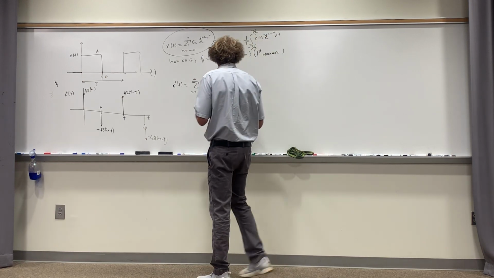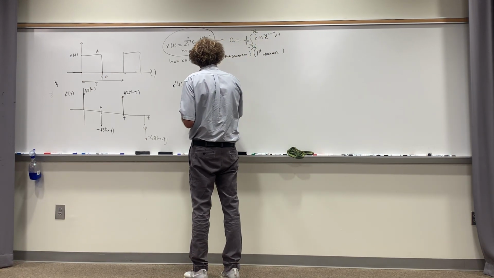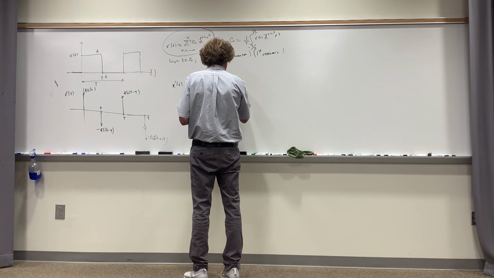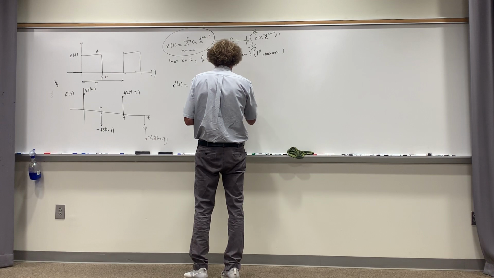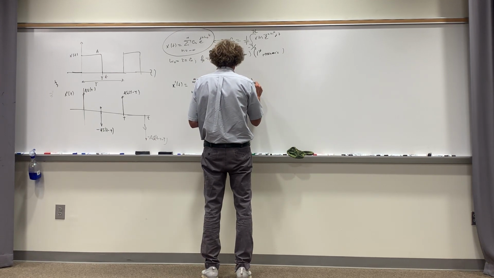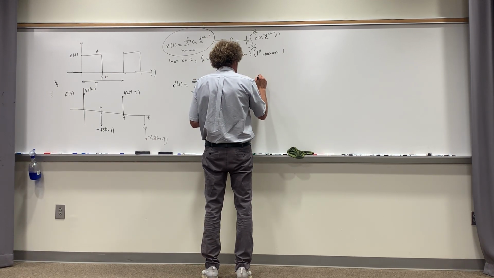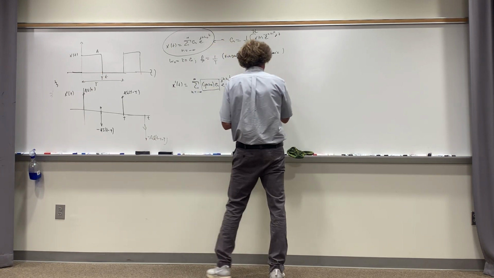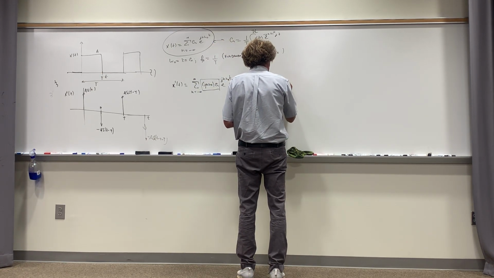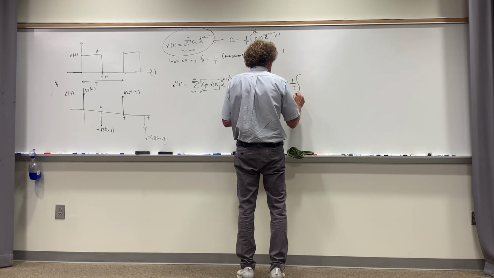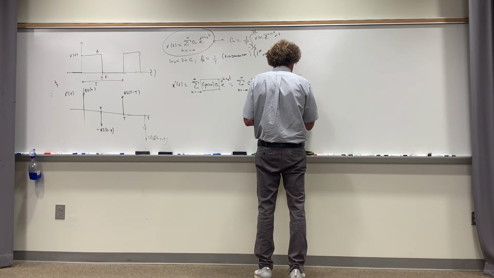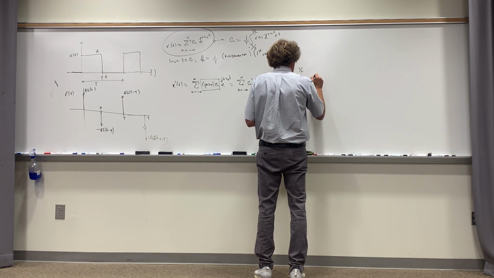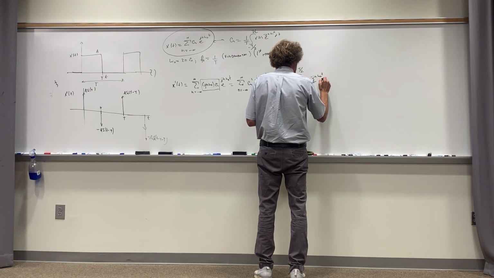Now, isn't this really just a constant? So I could write that as some summation n equals minus infinity to infinity of some c of n prime e to the j n omega naught t, and then my c of n prime can be equal to 1 over the period, the integral from minus T over 2 to T over 2 of x prime of t e to the minus j n omega naught t dt.